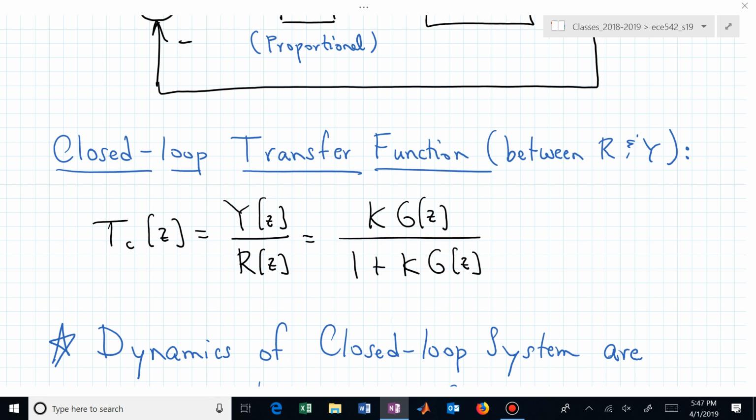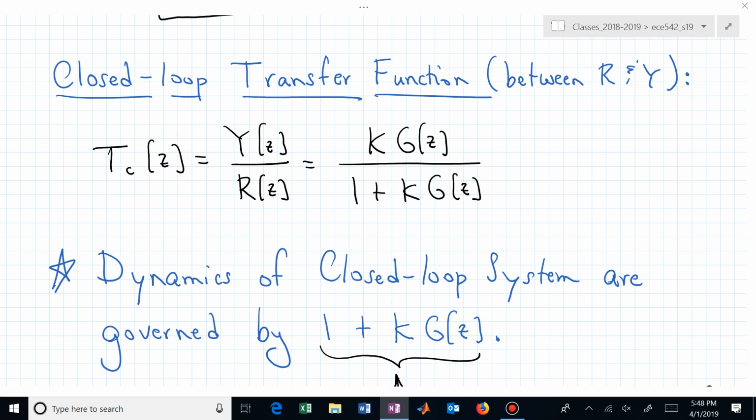So now you have a transfer function, h of z, and I say, how's it going to behave? What would you look at? You would look at the poles, wouldn't you? What influences the poles in this closed loop transfer function? The denominator, which is influenced by 1 plus kg of z. The dynamics of the closed loop system are governed by that expression, 1 plus kg of z.